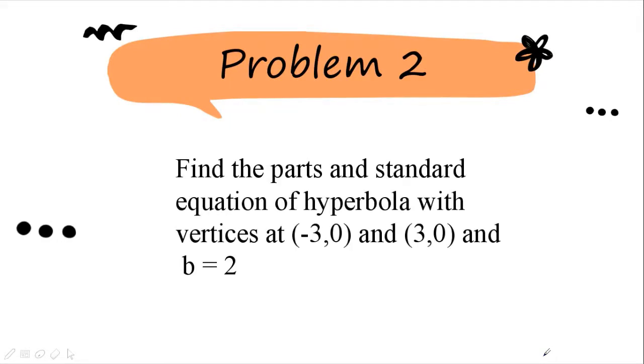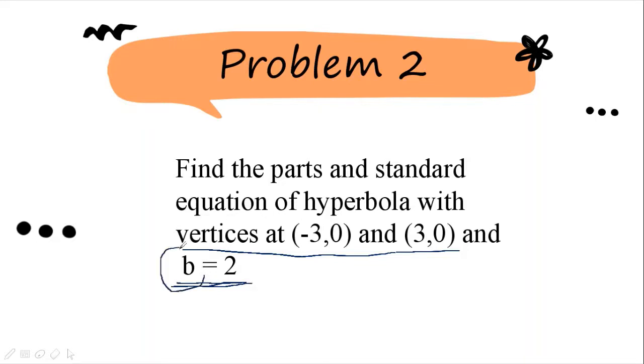Let's find the parts and the equation of the given hyperbola. In this problem number 2, we are given vertices: vertex 1 is (-3, 0) and vertex 2 is (3, 0), and the given b is 2.